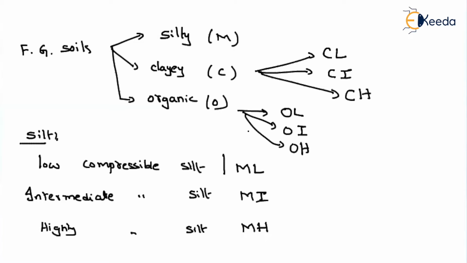So this is how we further divide the type of the soil. First, let us consider what the limits for compressibility are. What is the parameter we have to identify to say whether the soil is low compressible, intermediate compressible or highly compressible?